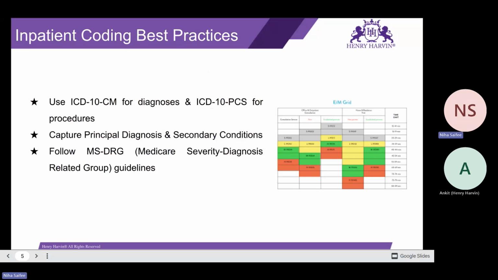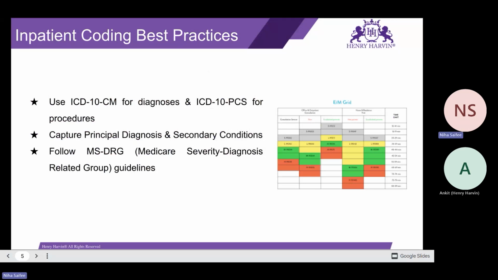Otherwise the patient is having diabetes since 10 years, but for 10 years the patient was not in the hospital. The patient came to the hospital when there was some emergency or requirement of hospital admission. So that becomes your principal diagnosis, and any other problem that the patient is having becomes additional diagnosis or secondary conditions.